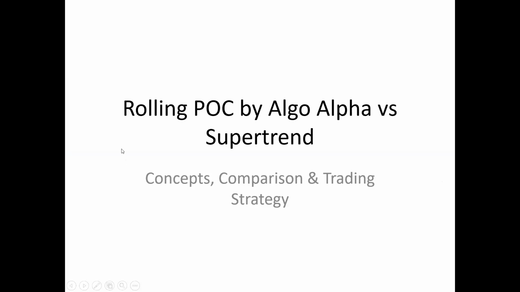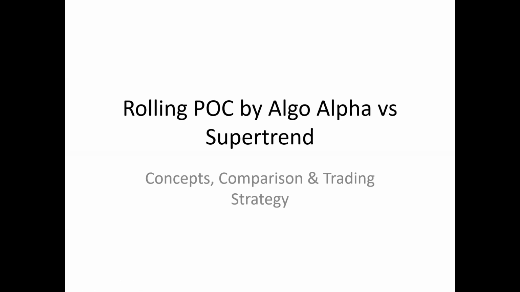The comparison of Rolling POC by Algo Alpha versus Supertrend. What I'm going to compare is concepts. You are going to understand the concept behind the Algo Alpha Rolling POC, the comparison, and a trading strategy. Rolling POC: you must be familiar with the fixed range volume profile.